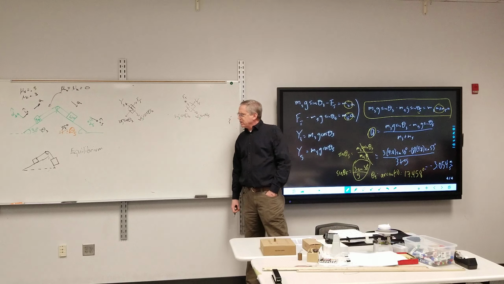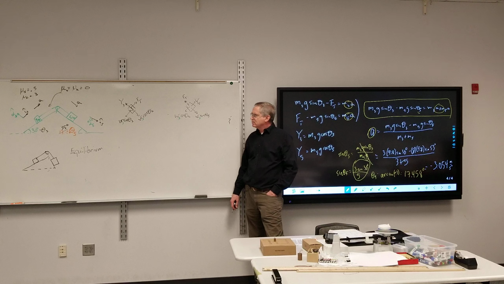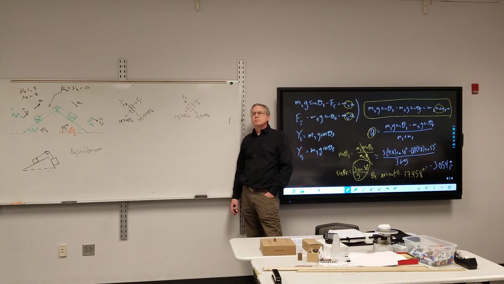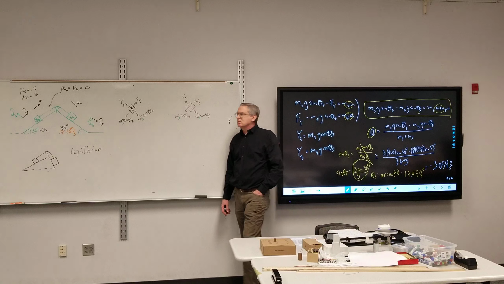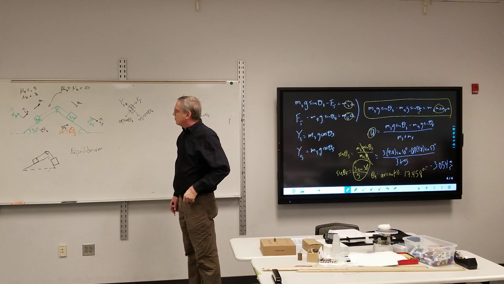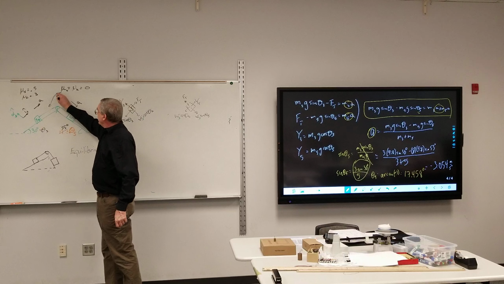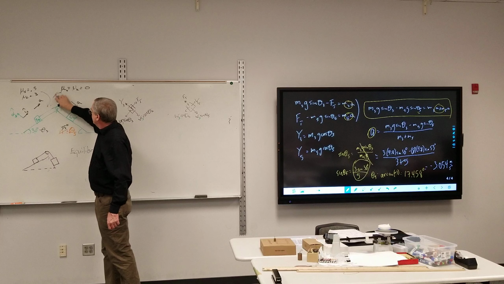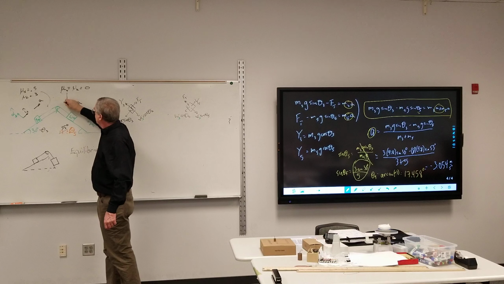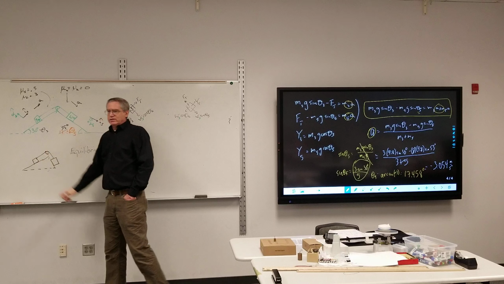What changes in our force diagram? What side is the friction on? Friction's on this side. That was my intent, that arrow there. And then I changed my mind. Friction's on the left-hand side.